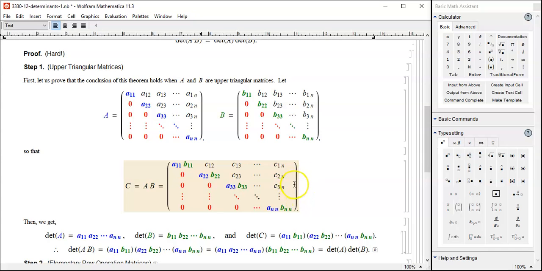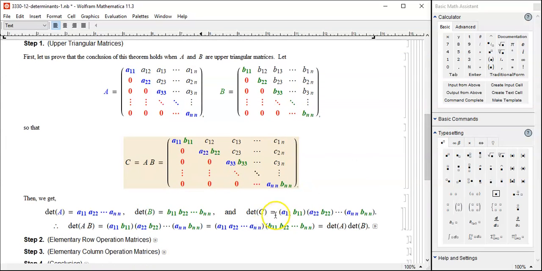That's really helpful because if you calculate the determinant of this upper triangular matrix C, which is A times B, this is what you're going to get: A11 times B11, A22 times B22, and so on, all the way to ANN times BNN.